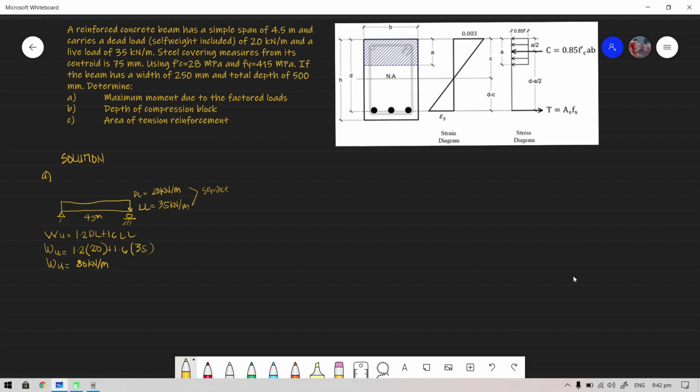So, ultimate na to. Okay, so now the moment for simply supported beam, ang maximum moment, MU max. Kung ipa-plot natin to, so we have simply supported beam. So ito na yung WU. Yung moment dito is i-drawing natin yung moment diagram. Ganito yan. So nandito yung pinaka-maximum moment, or yung highest moment all throughout.